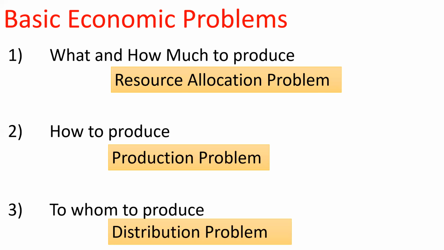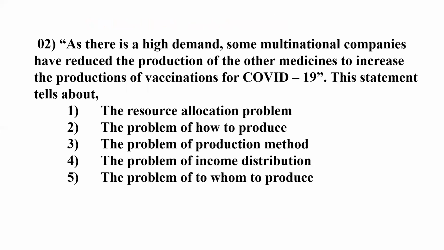Distribution problem. Right? Okay. Now, out of these three, what does this section focus on? These multinational companies have reduced the production of some other medicines and they have allocated more resources to produce vaccination for COVID-19.